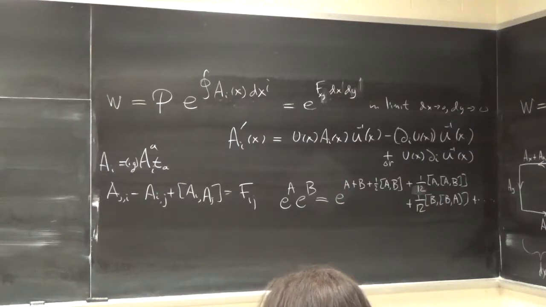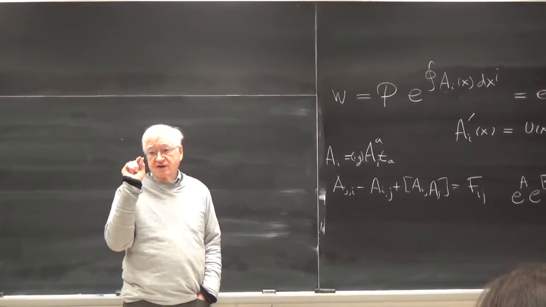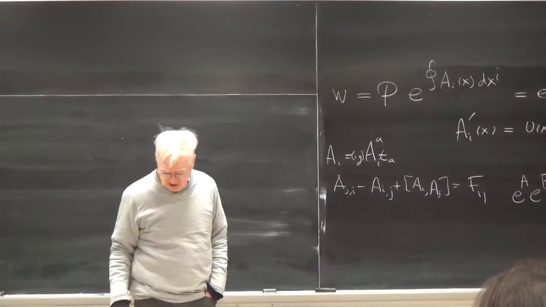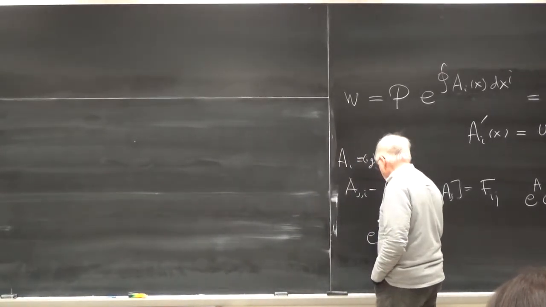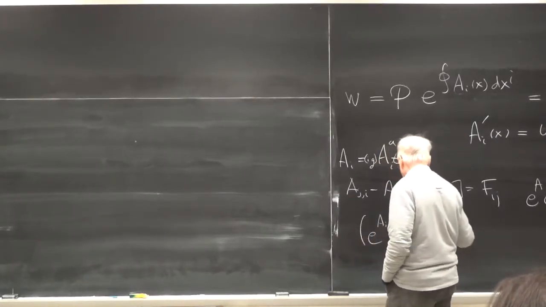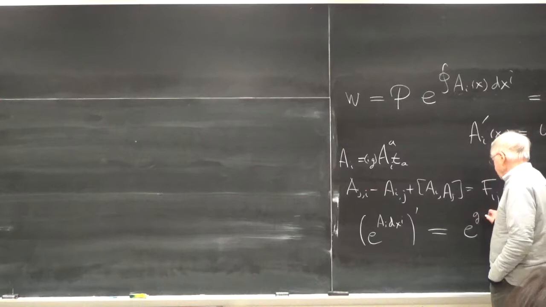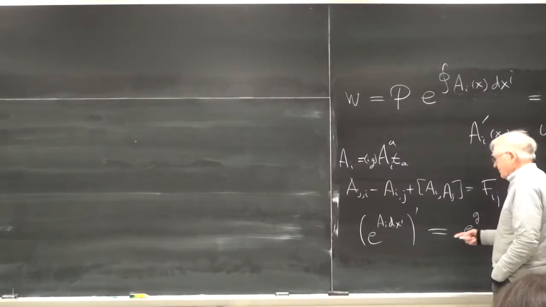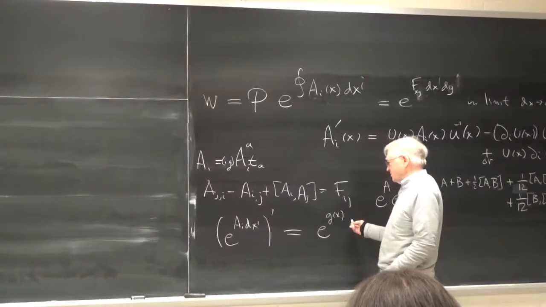I suppose one way of working it out is to figure out how a very small Wilson line transforms, which is what I was sort of trying to do there. So in other words, if you have e to the A_i dx^i, what is this under a gauge transformation? Well, we know that it's e to the, everything's at the same point, well, I was going to say everything's at the same point, but I'm about to introduce a derivative.